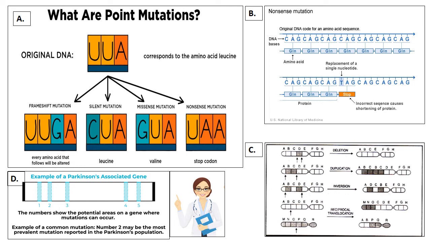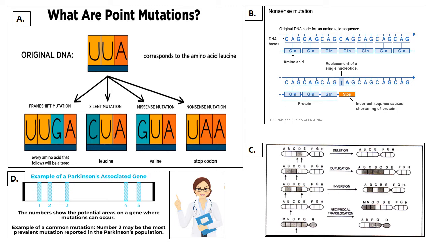For the time being, just try to understand that point mutation occurs when a single nitrogenous base gets altered or mutated to another nitrogenous base, and that can cause four kinds of mutation: frame shift, silent, missense, nonsense, among which silent mutation will not cause any alteration in the phenotype.